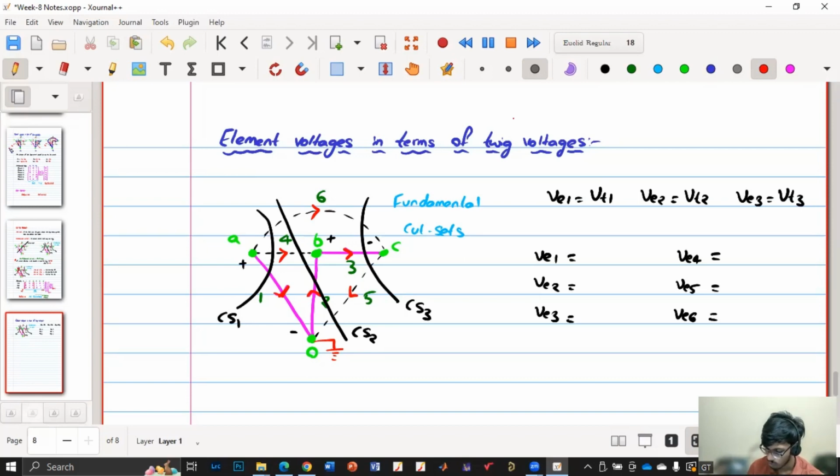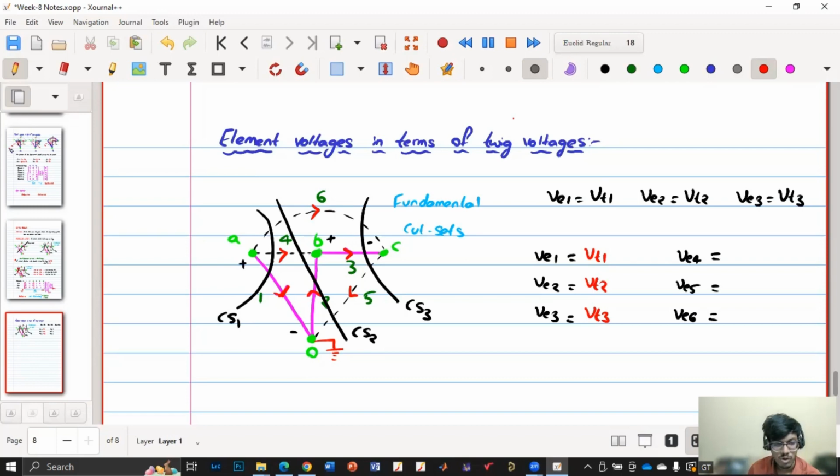Here the twigs are AO, BO, CO. So V1 is VT1, then VT2, then VT3. This is my VT1, this is my VT2, and this is my VT3. Now we have to write VE4, VE5, and VE6 in terms of twig voltages.